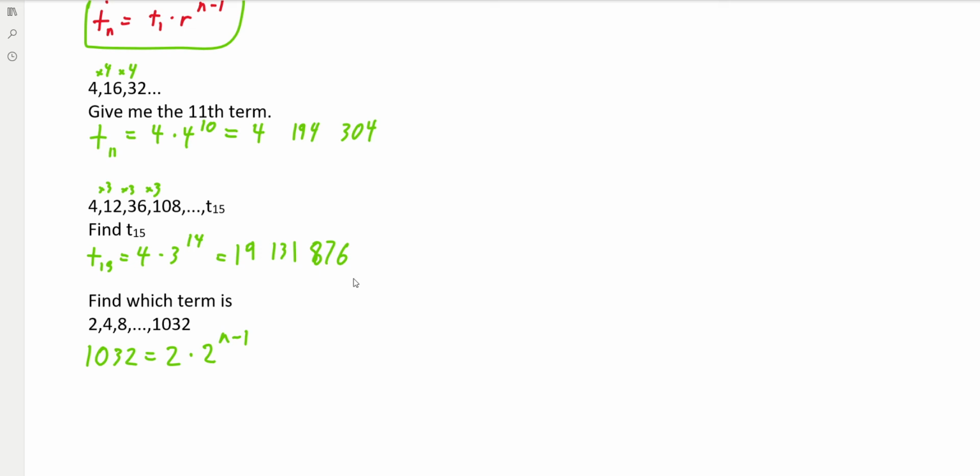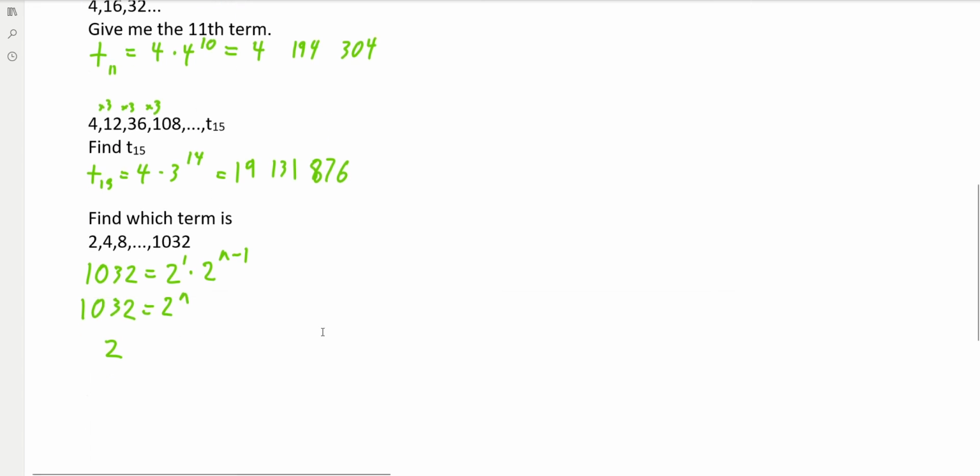Because we have the minus 1 and this one here, they'll actually add together to give us exactly 2 to the n. Okay, and there are a couple possibilities, but I'm going to tell you guys that we're only going to go with whole numbers here for n.